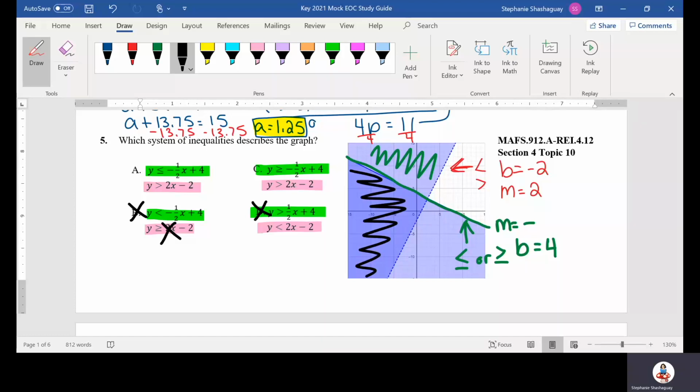And this is telling me that y is going to be less than or equal to that negative 1/2 x plus 4. So our correct answer here is A. The reason why C will not work is because that inequality sign, that shaded area, does not meet that criteria.